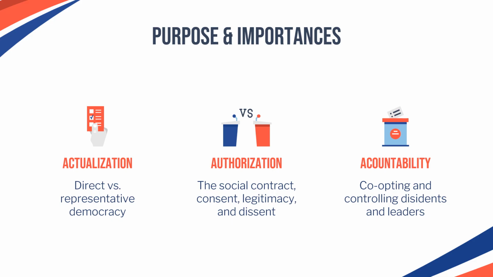And so what we're going to find is that if you want a country that is democratic, or in other words, that gives people a voice in government, you are not going to be able to do this with initiatives and referenda. It's simply not practical to expect all of the millions and millions of people in any given country to come together and decide what to do every time the government needs to make a decision.